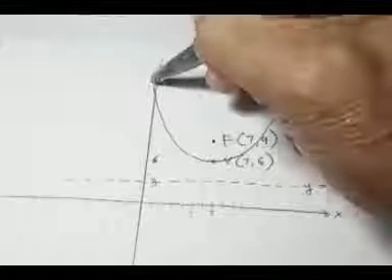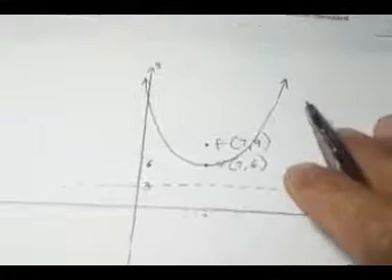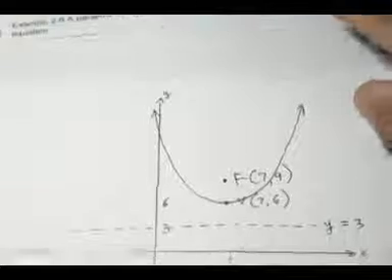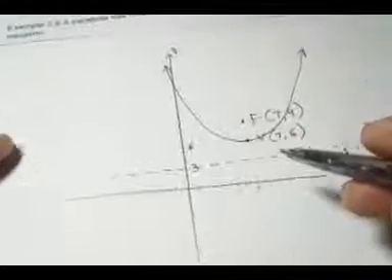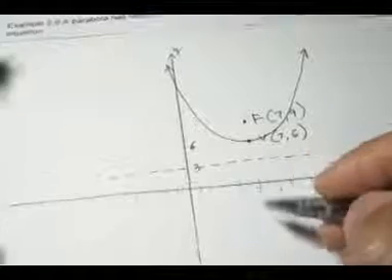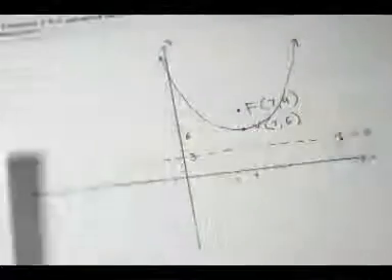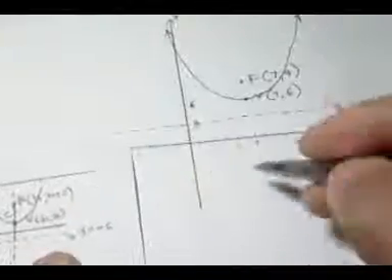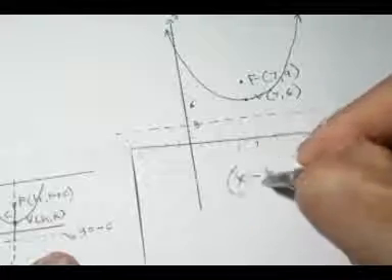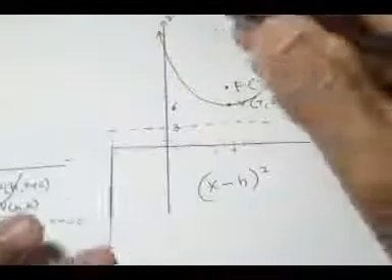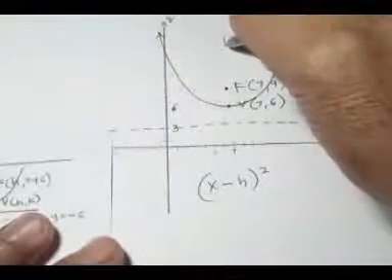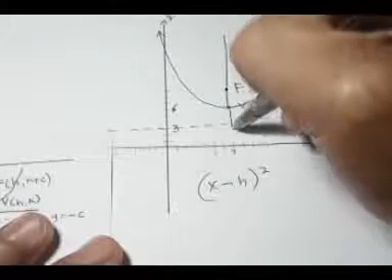Okay, this is now our graph. So did we answer the question? This time it is asking for the standard equation. So this belongs to this type, this one: (x minus h) square, since it opens up, and this is the axis of symmetry.